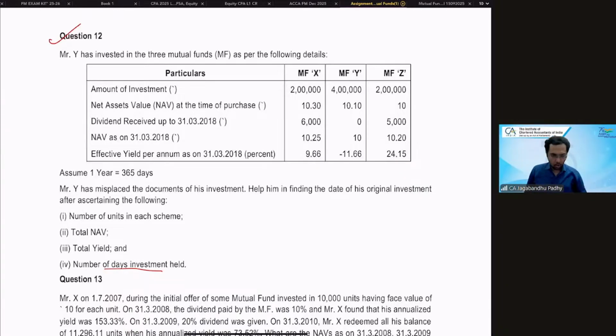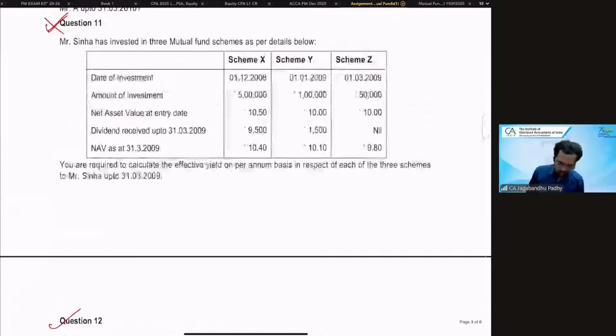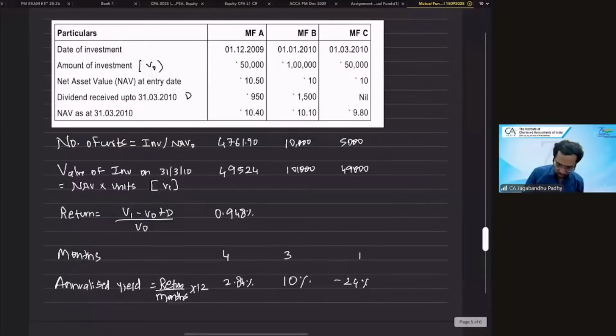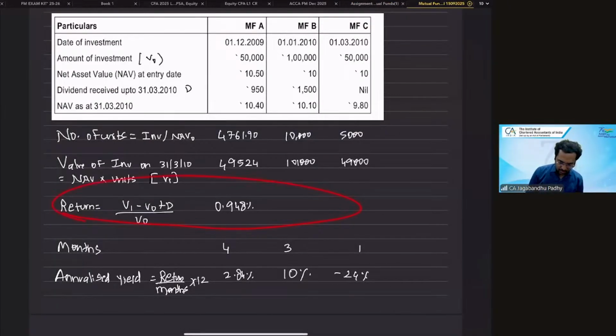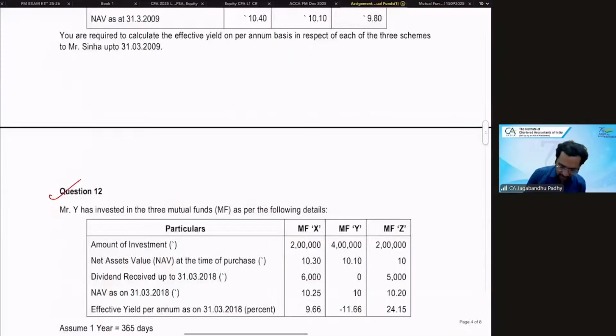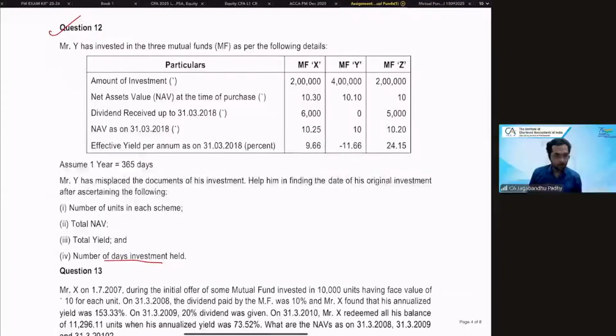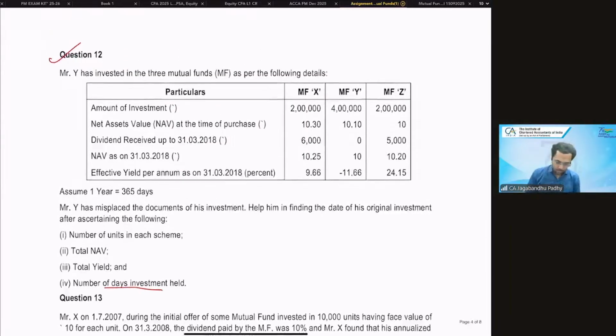So first do it normally, get the regular return, the regular yield or rate of return which we had, and then we'll discuss the days. Just try to solve this like a normal thing.